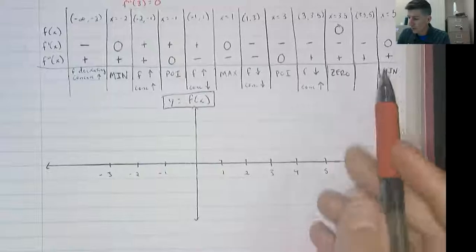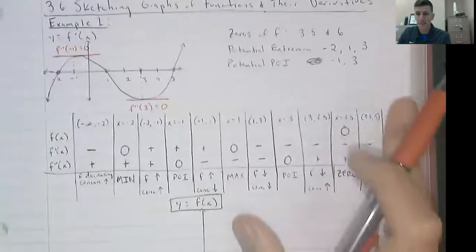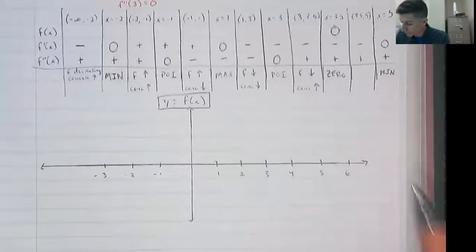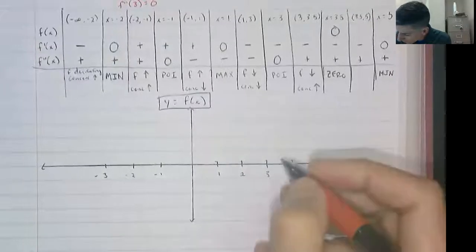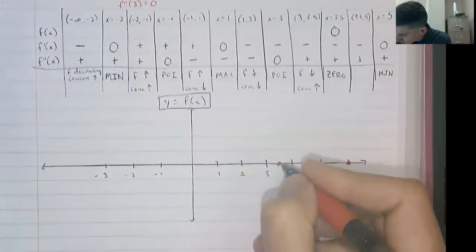The zeros of the function are at 6 and 3.5.